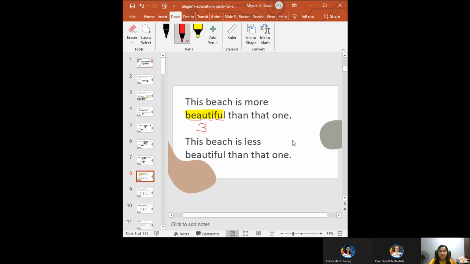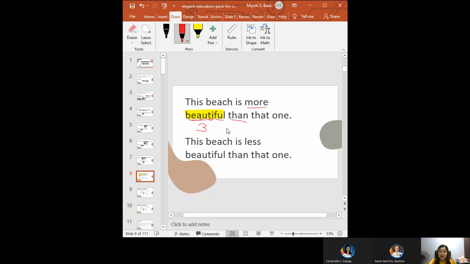Yes po. Okay, like in this example, we add the word more and the word than to make it a comparative adjective because the adjective beautiful has three syllables and it is not applicable to add the suffix er because we do not have the word beautifuler. That's not correct, guys.